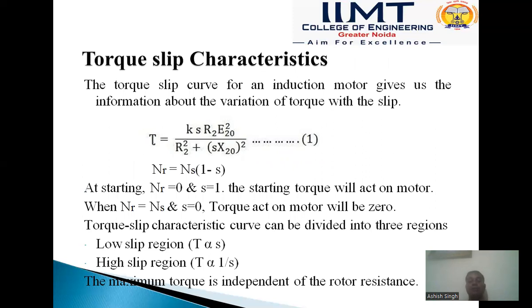So at high slip region, R₂² can be neglected as it is much lesser than s²X₂₀². So the formula for torque will become T = k s R₂ E₂₀² / s²X₂₀². So one s is cancelled from the numerator.